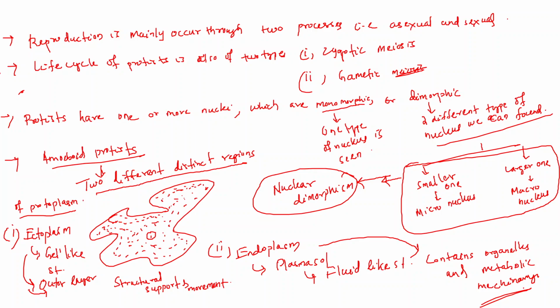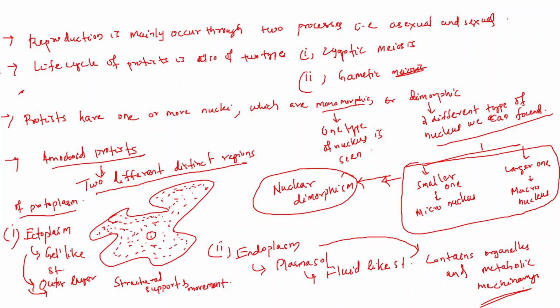And it is said that all these metabolic machinery or metabolic functions occur inside the endoplasm of the amoeboid protist, where protoplasm is divided into two parts mainly: ectoplasm, which is a gel-like structure and the outer layer of protoplasm, and it provides structural support and support for the movement of the organism.